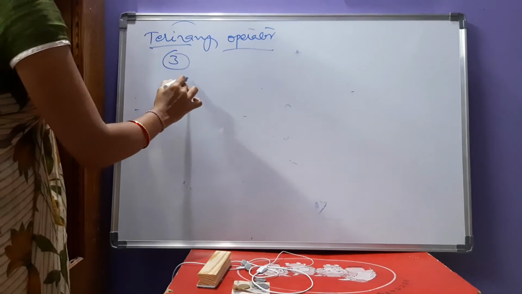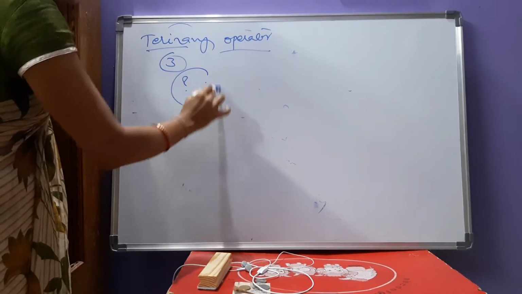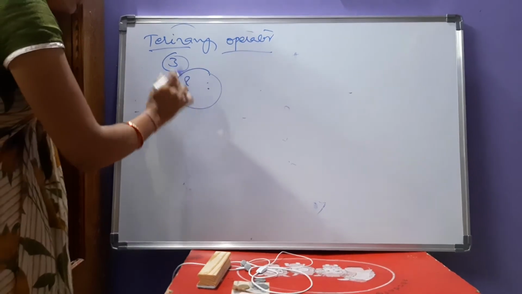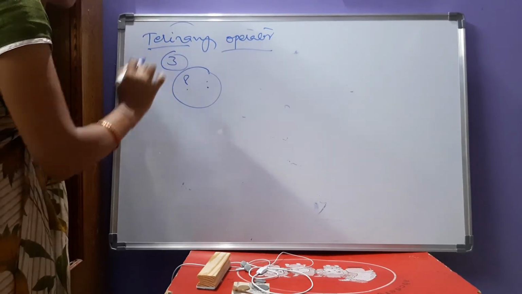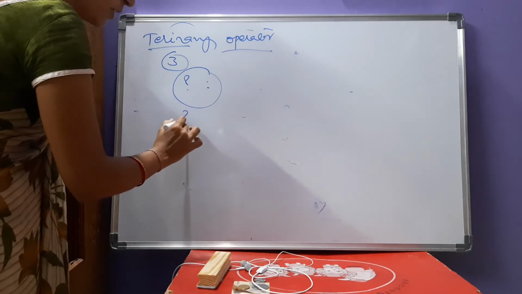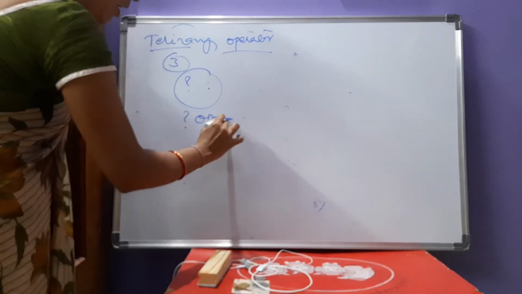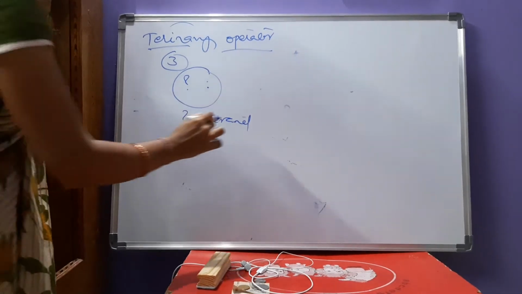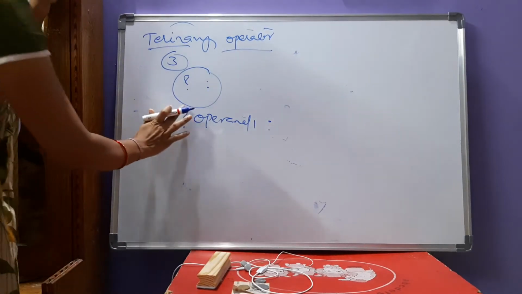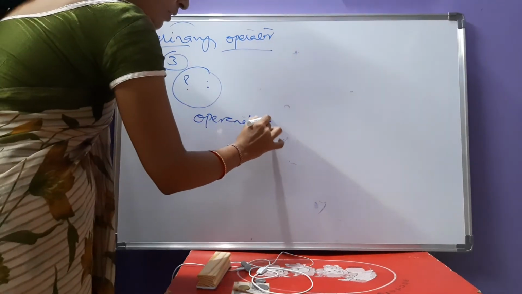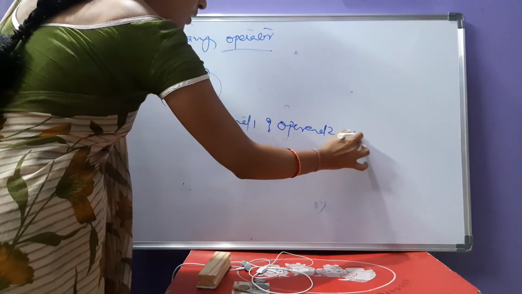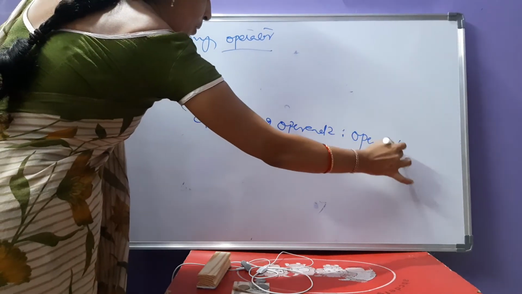This is the ternary operator, question mark and colon. It works on 3 operands. That's why this is called the ternary operator. For example, operand 1 question mark operand 2 colon operand 3.